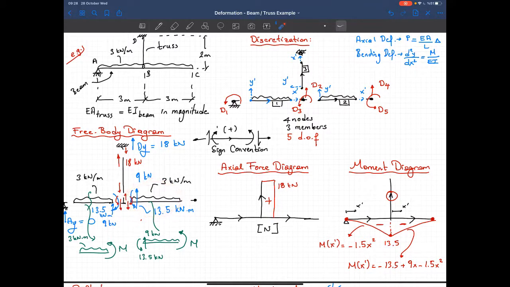Write down the equilibrium equations and find the member end forces. So when it comes to forces, the members communicate with each other through member end forces at the nodes. And when we talk about the deformations, again, the members communicate using these degrees of freedom.